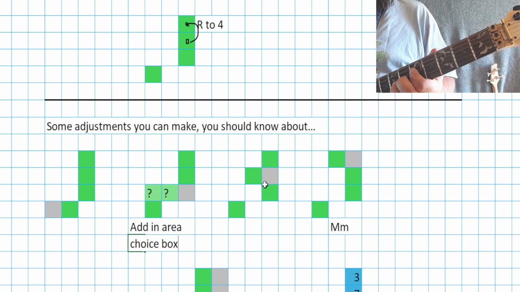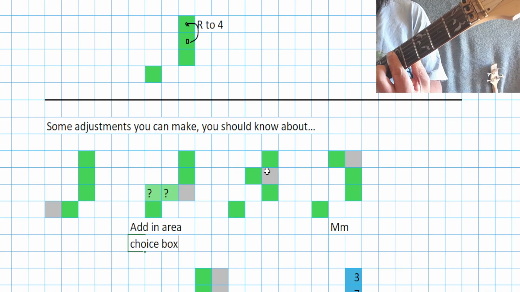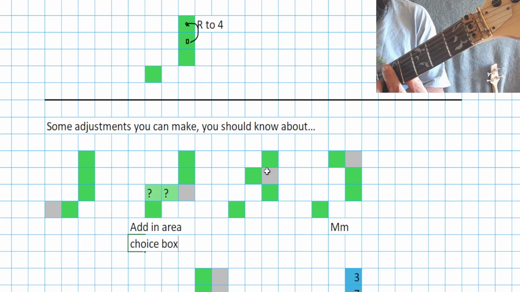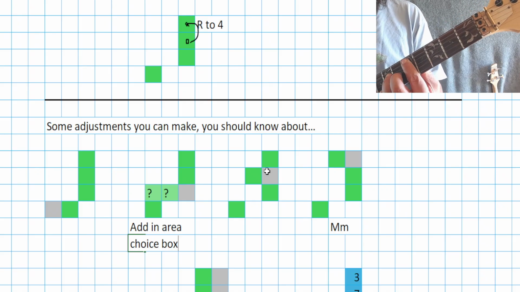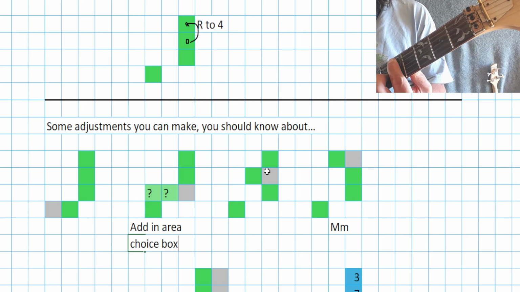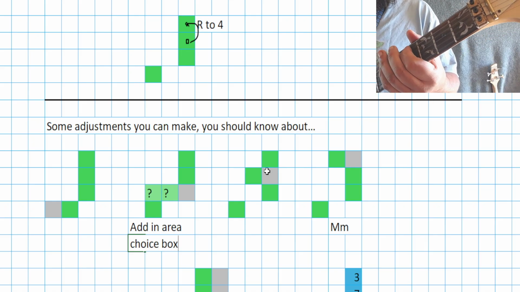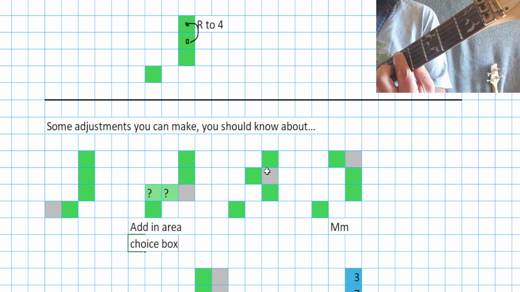I can also lower this note down, and that gives me a shape that I'm very familiar with. If I play it up here on the 5th string, it's my major 7 chord shape. So I just played a D root, and I'm playing the D major 7 chord. Why is it major 7? Because we have that major 7, the 7 that's just before the root there.